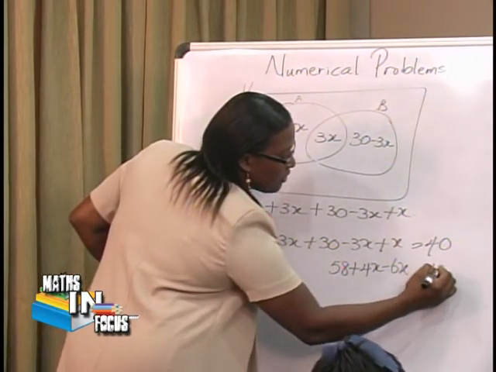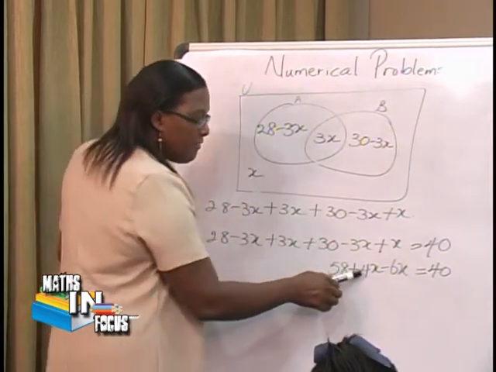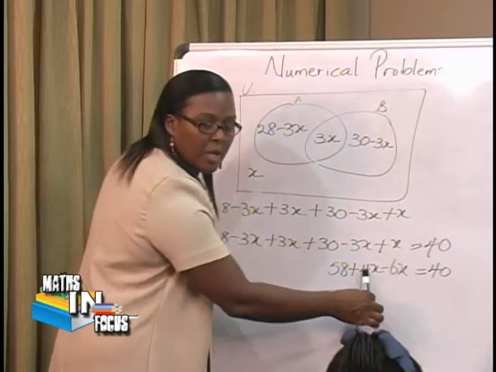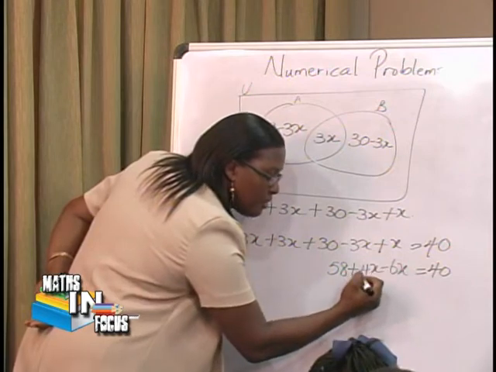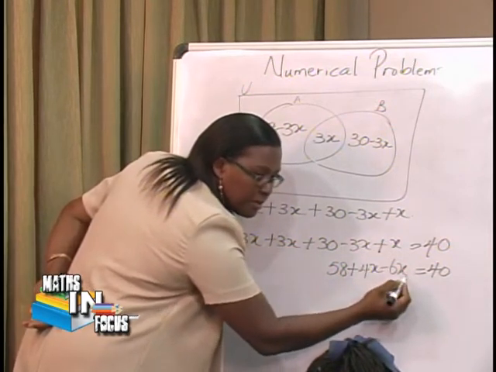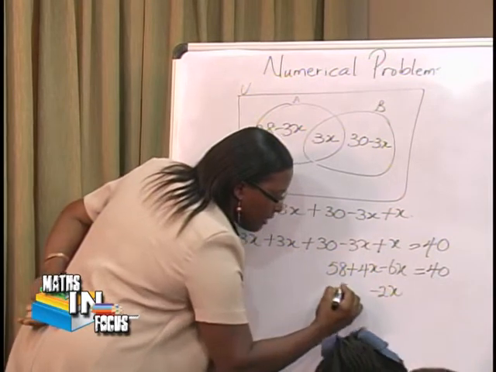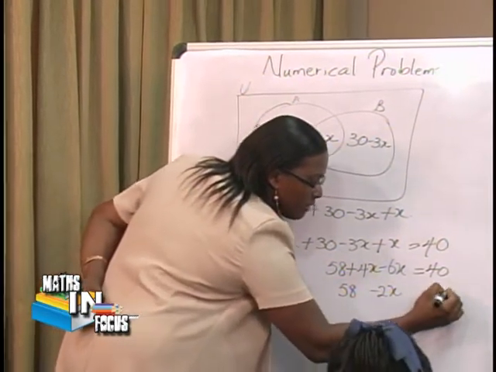And that would give us 40. If we have a positive 4 and a negative 6, these are like terms, so we can go ahead and solve these. When we finish working out this here, what would be your result here? Negative 2x. And our 58 comes down, is equal to 40.